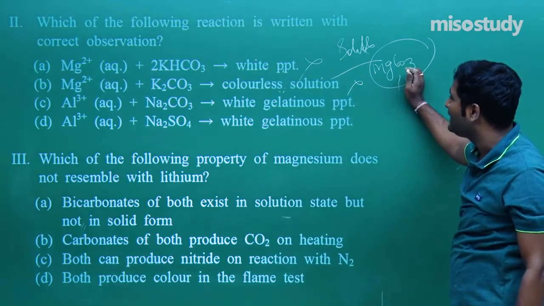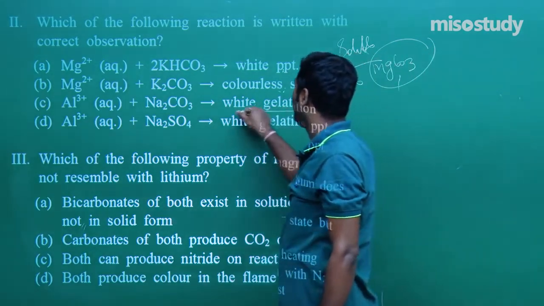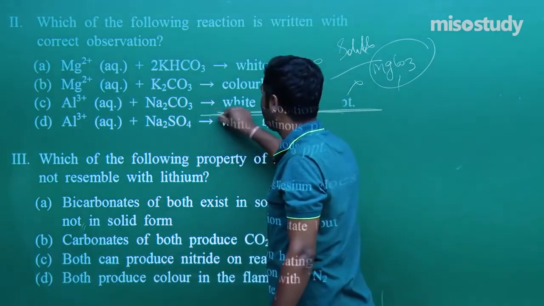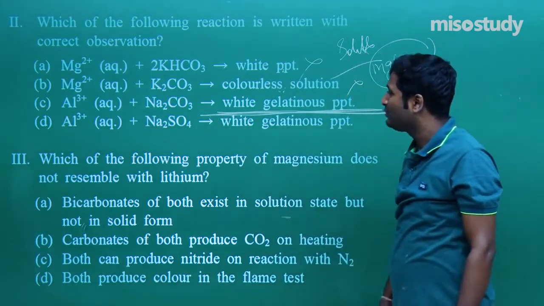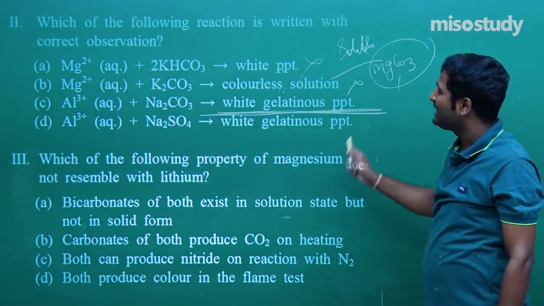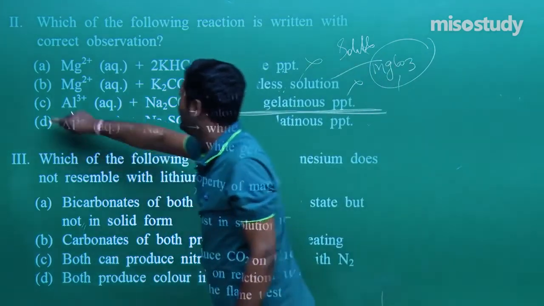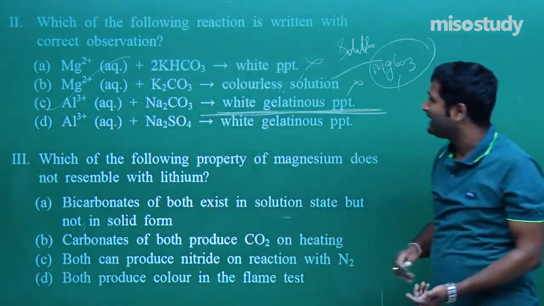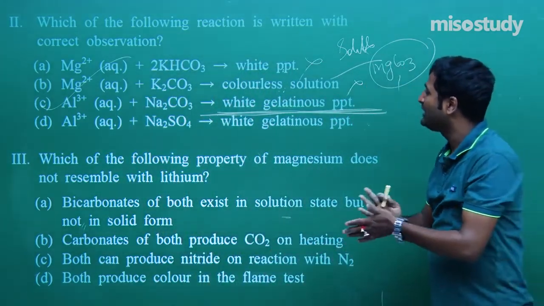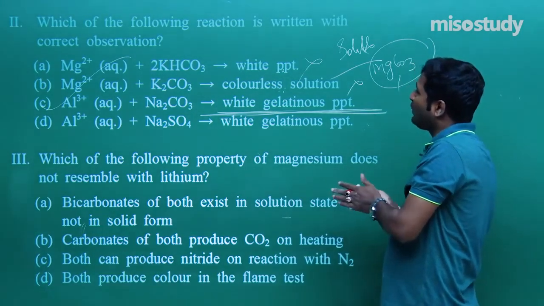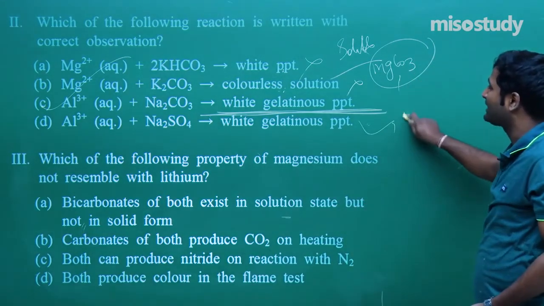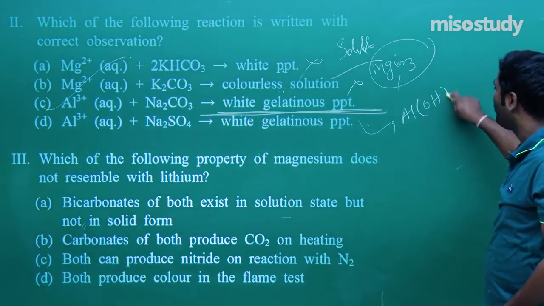Al3+ with Na2CO3, yes, this forms a white gelatinous precipitate. Clear to you? So in this case, what is the correct observation? Al3+ with Na2CO3 forms a white gelatinous final product, that is Al(OH)3.